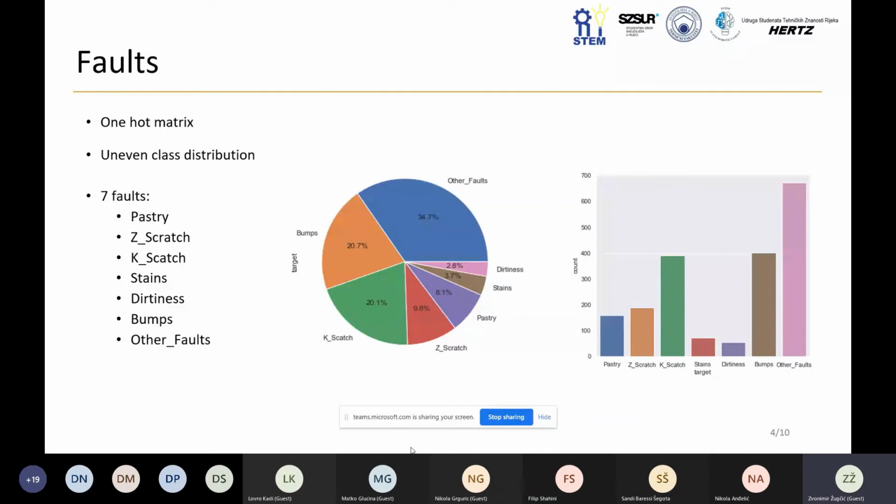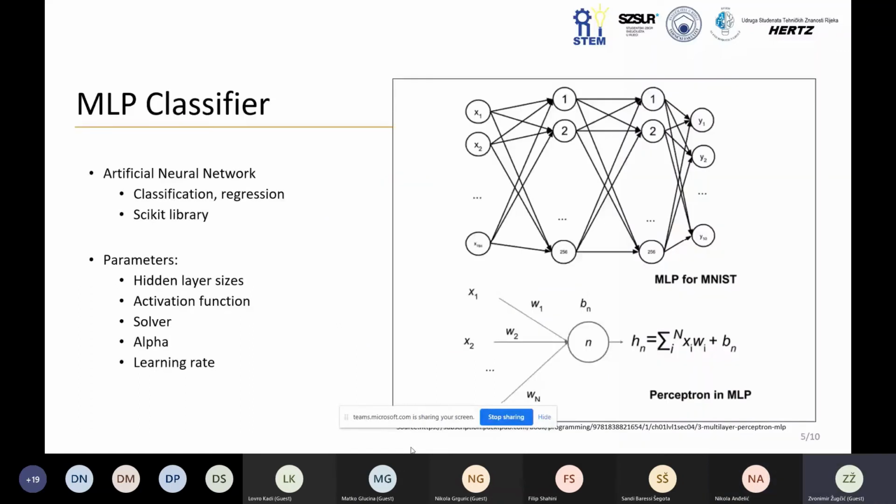We used the MLP classifier from the scikit-learn library in Python to train the network. Some of the important parameters are the number of hidden layers with their sizes, and activation functions such as linear, tanh, and ReLU, different solvers, mostly SGD and Adam, and alpha, learning rate and batch sizes.